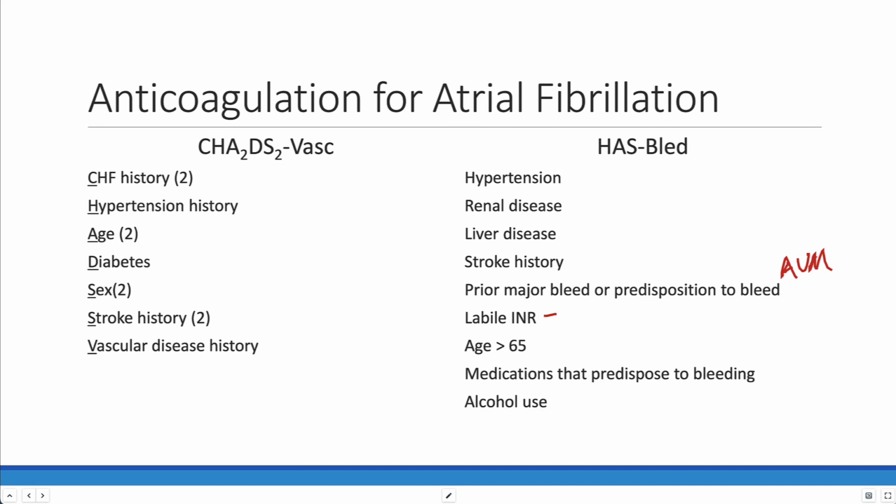Age is also a factor here. Medications that predispose to bleeding, like DAPT, right? Or aspirin alone. And of course, heavy alcohol use. So those are the things that go against wanting to anticoagulate somebody for atrial fibrillation. And we just have to weigh the risks and benefits. Okay, but that'll help you to do it.